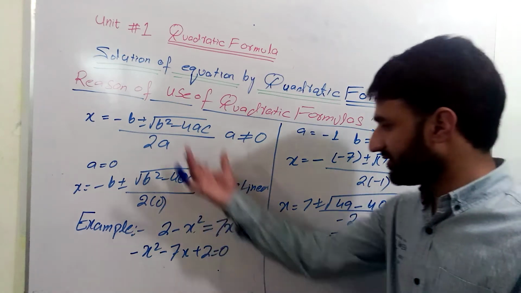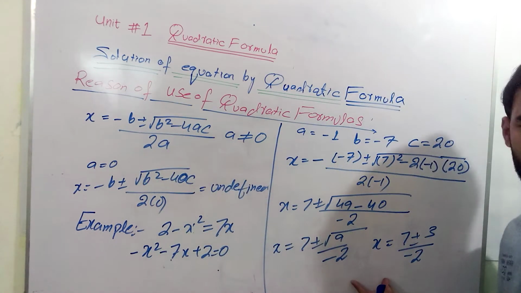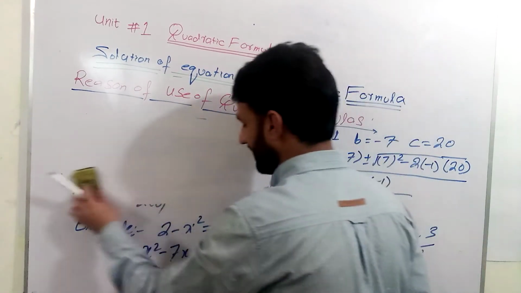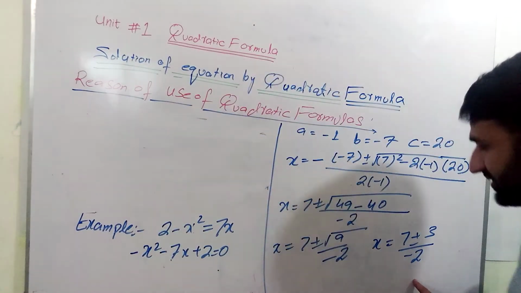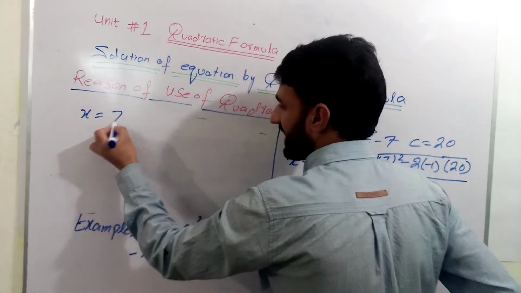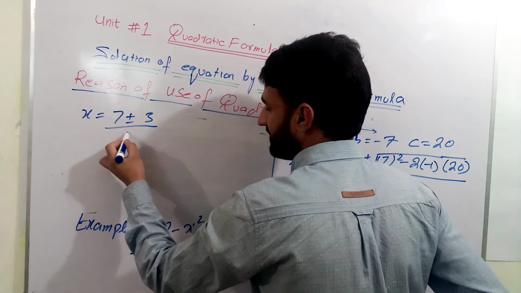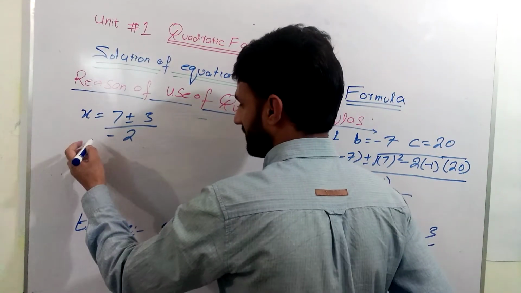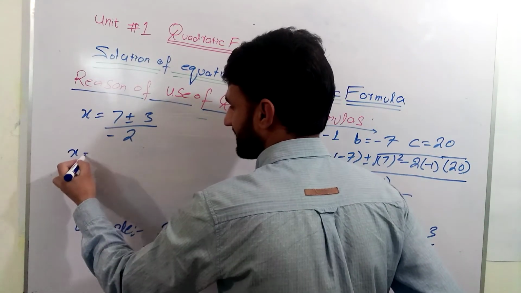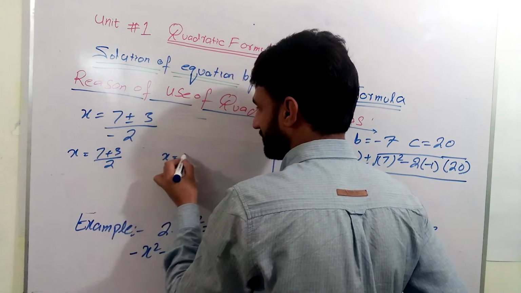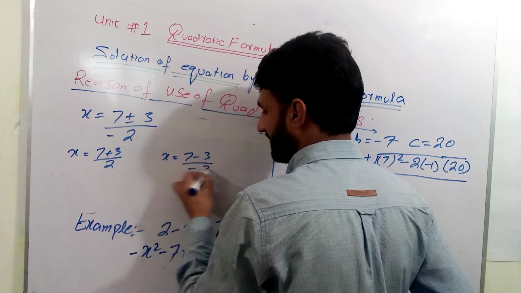If I remove this and try to find the solution of this equation, the required equation is x equal to 7 plus minus 3 divided by minus 2. So first we can find the solution. X is equal to 7 plus 3 divided by minus 2 and x is equal to 7 minus 3 divided by minus 2.